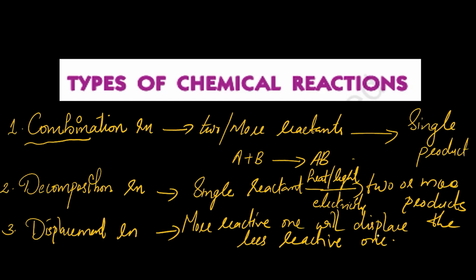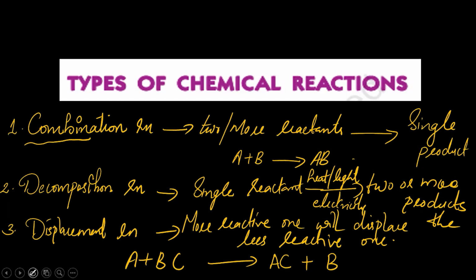When the powerful one comes, the less powerful one has to give the space to the more reactive one, right? That is happening in the case of displacement reaction. A simple example: imagine A is reacting with BC and A is more reactive than B. So what will happen? A will replace the position of B and B is kicked out. A is more reactive, so A will kick out B from its compound BC, and see, B is now alone.